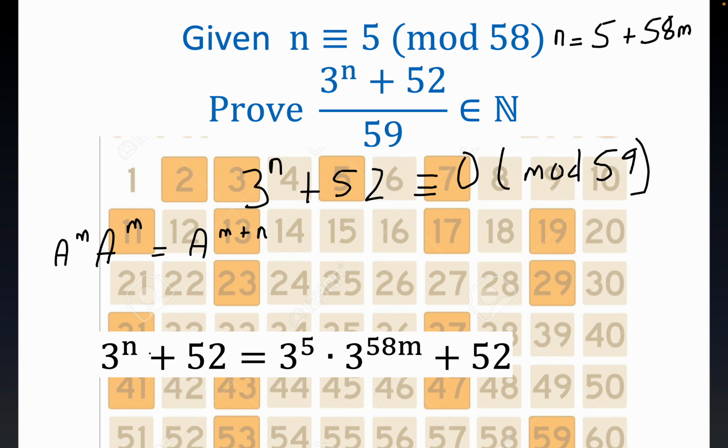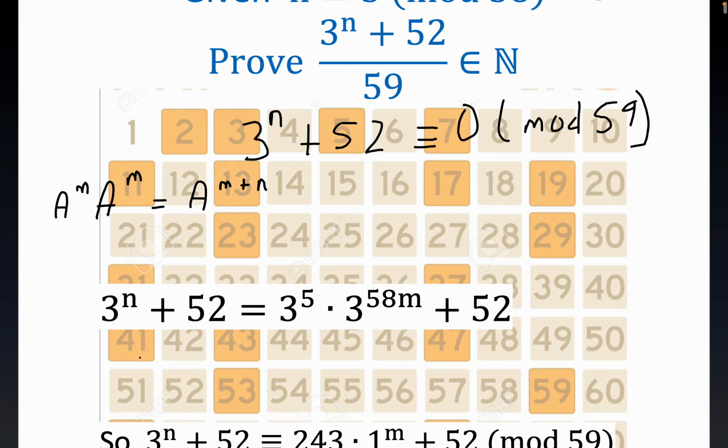And I'm overloading my symbols here, folks, but if n is equal to this, then 3 to the n is equal to this by this property of exponents. And again, this n does not mean the same thing as this n here, of course. All right, so let's keep going.